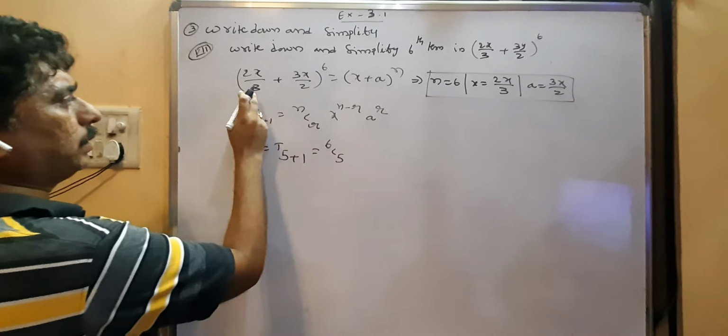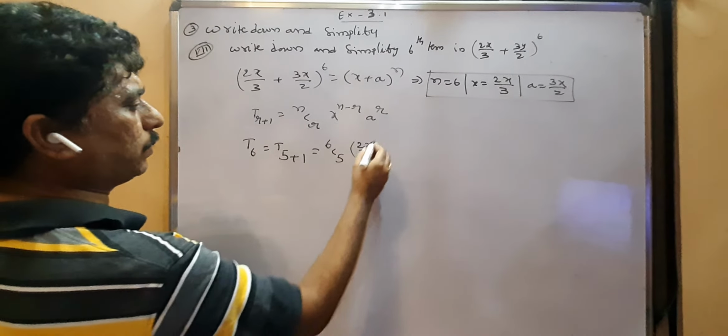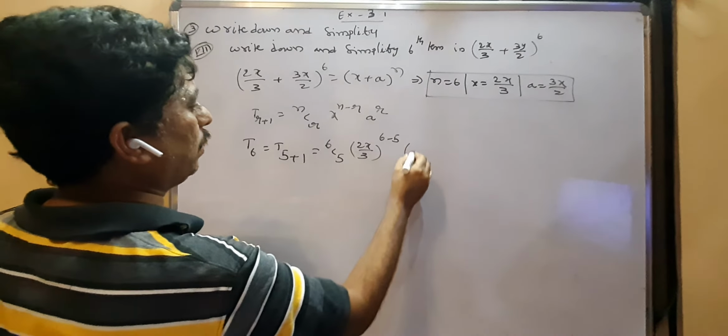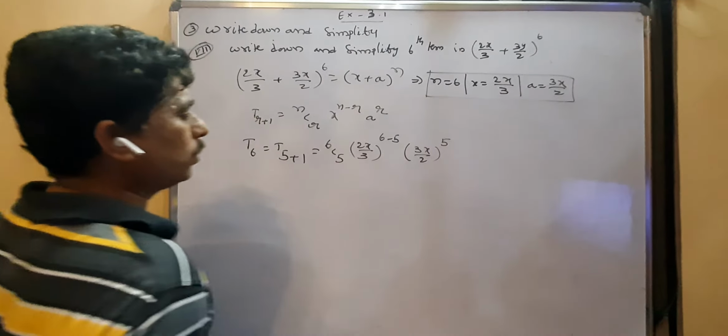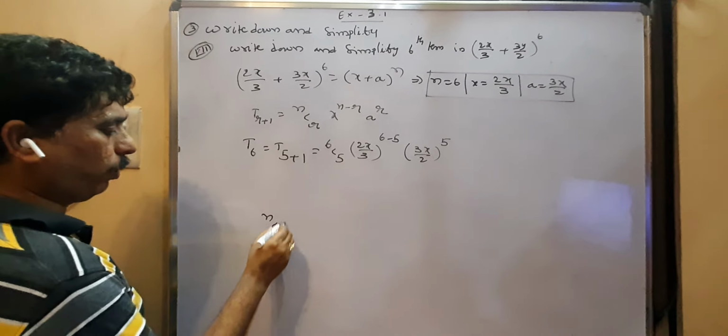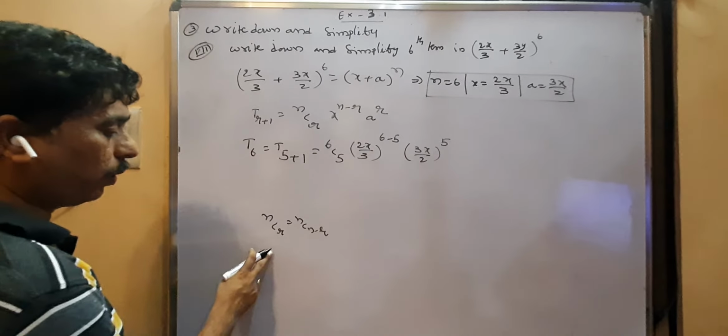6c5. First term is 2x by 3 whole power 6 minus 5 into 3x by 2 whole power r means 5. nCr equal to nC n minus r. Again I repeat, you have to apply this formula.